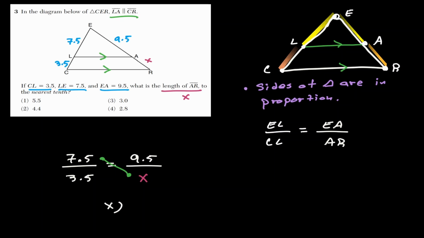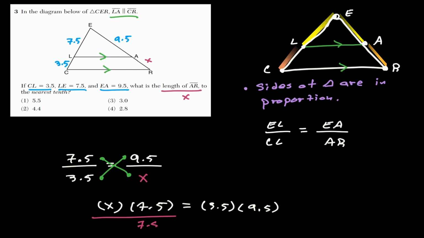Now we're going to get X times 7.5, and that is going to be equal to the proportion on the right-hand side, 3.5 times 9.5. And if we wish to solve for X on the left-hand side, let's divide by 7.5 on both sides. So now we have an expression that we can use to find X.